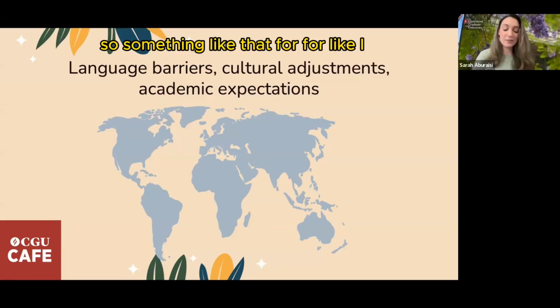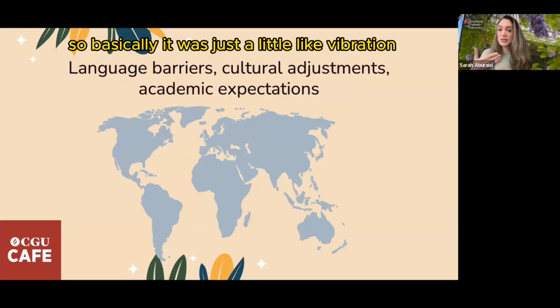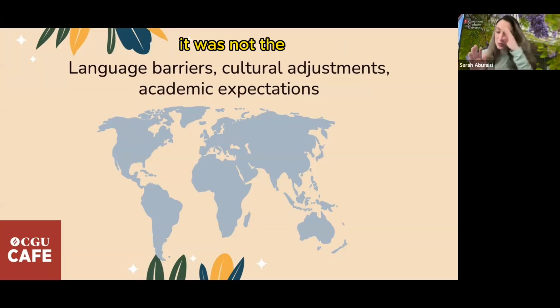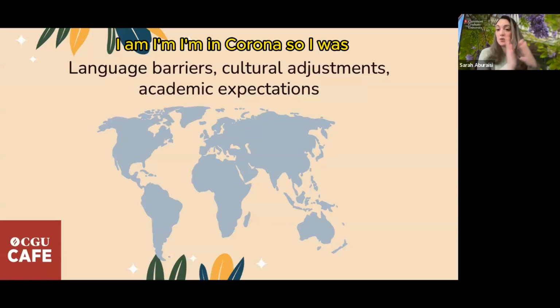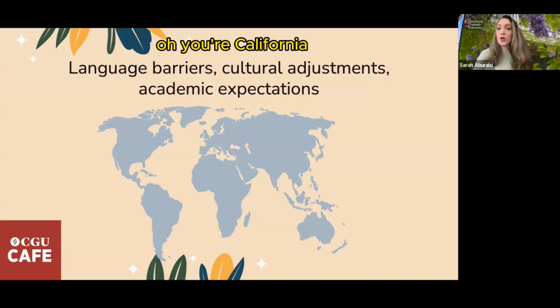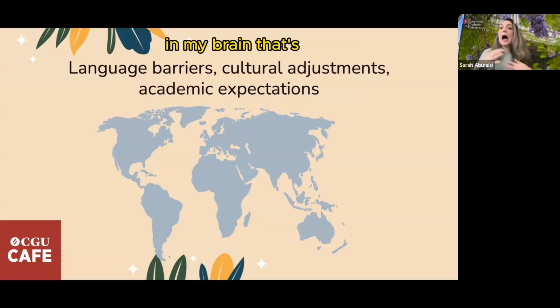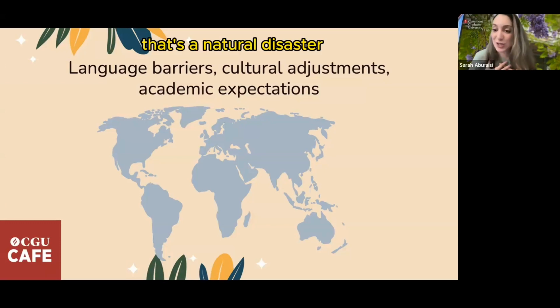I live in Riverside, so it was basically just a little vibration. It was not the real deal. I'm in Corona, so it was not where it originally hit. But in my brain, oh, you're in California, there are a lot of earthquakes. That's a natural disaster.